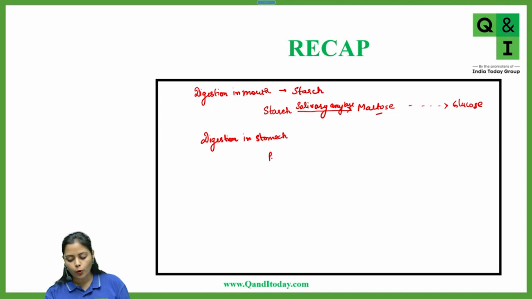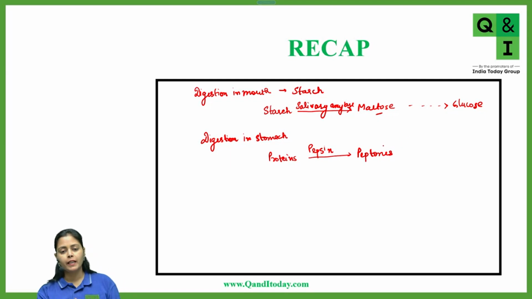First of all, there is protein digestion. Proteins, with the help of the enzyme pepsin, get converted into peptones. But again, I had told you that proteins finally need to be converted into amino acids, which is still not achieved.